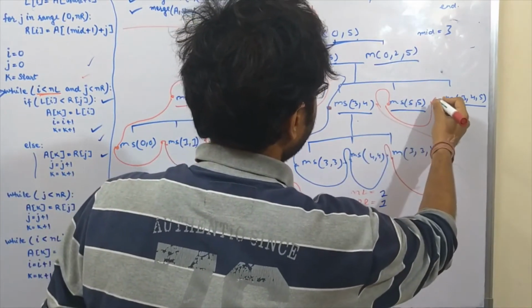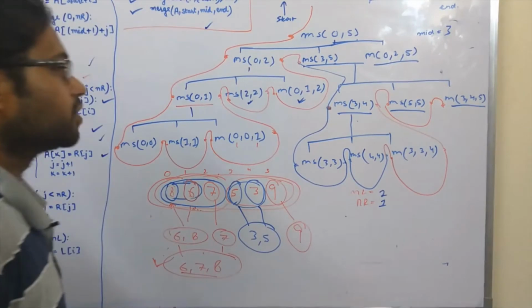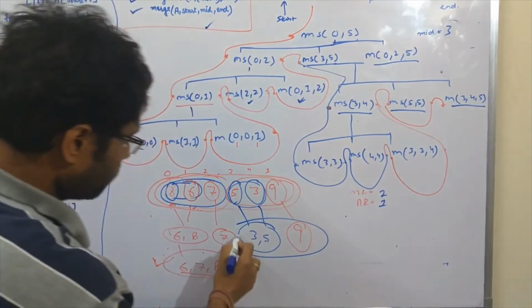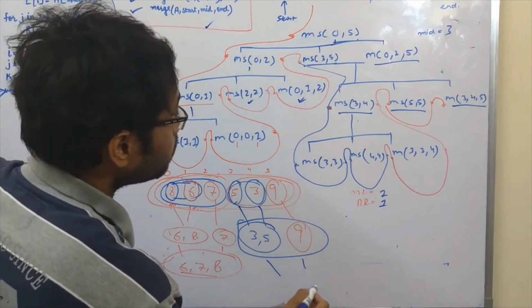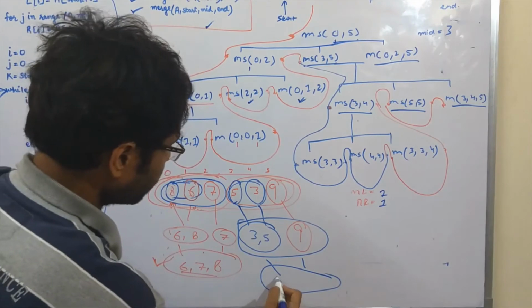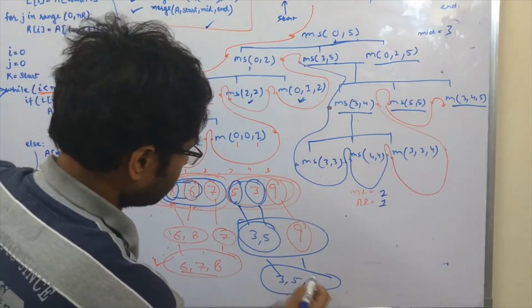It is already sorted, and next we will call the merge procedure 3, 4, 5. The merge procedure will try to merge the candidates into 3, 5 and 9.